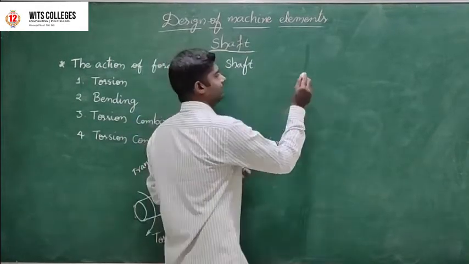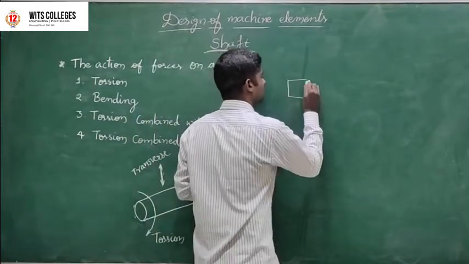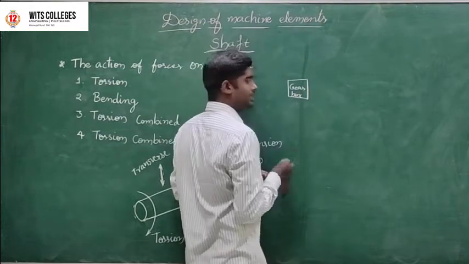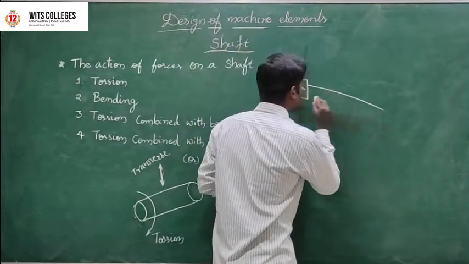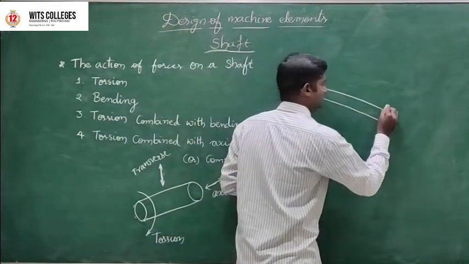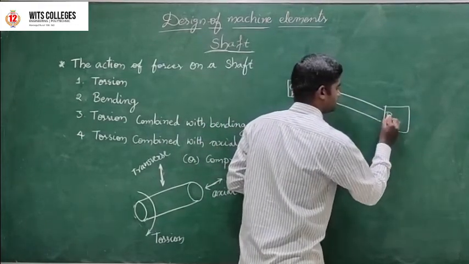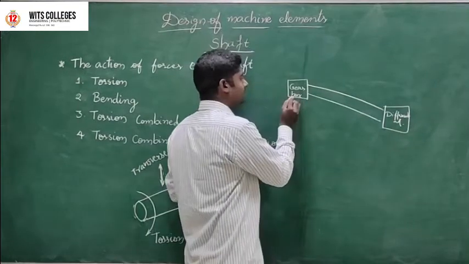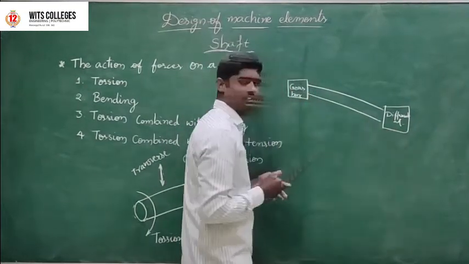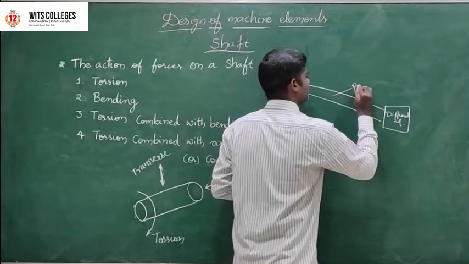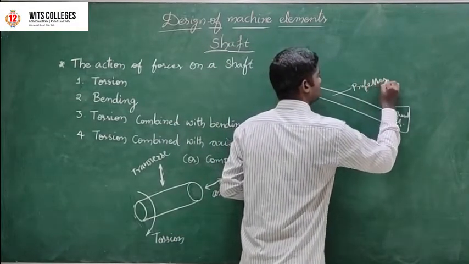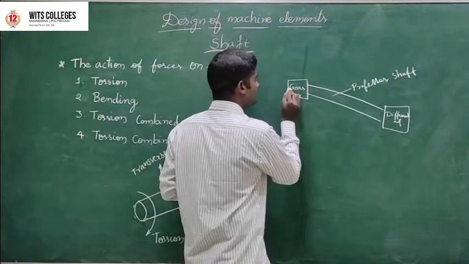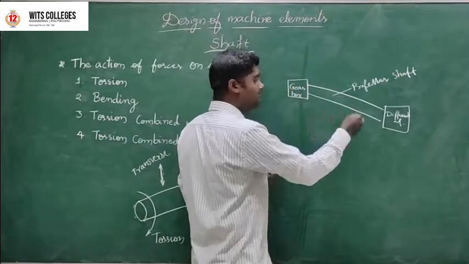See this example in vehicles: the gearbox is connected to the rear wheels through the differential. To transmit the power from the gearbox to the differential, we are using a propeller shaft.